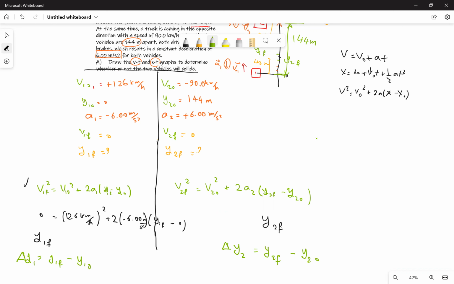This is very important, because y10 is going to be equal to 0 for the first vehicle, but y20 is not equal to 0. So don't stop calculating when you get y1f and y2f and add those numbers up to see if they collide or not. You need to find the displacement.